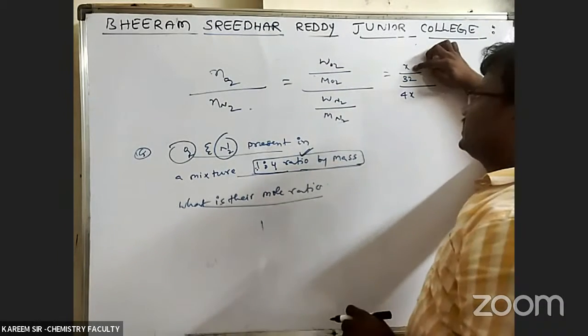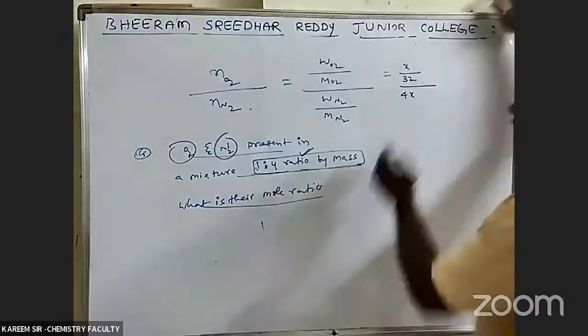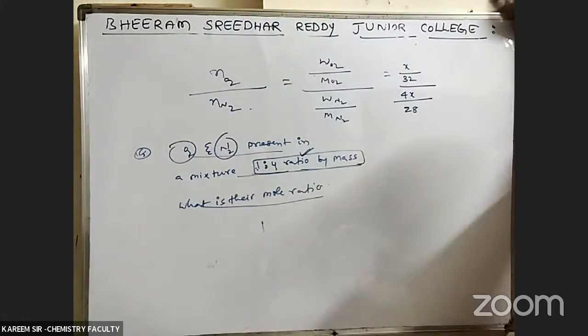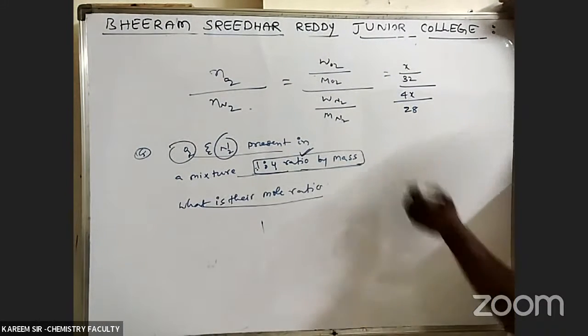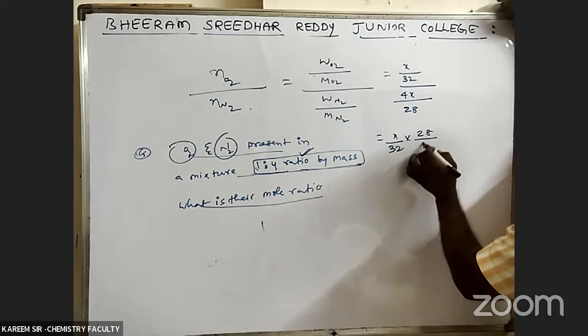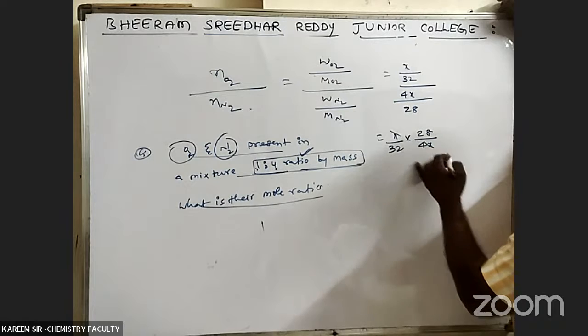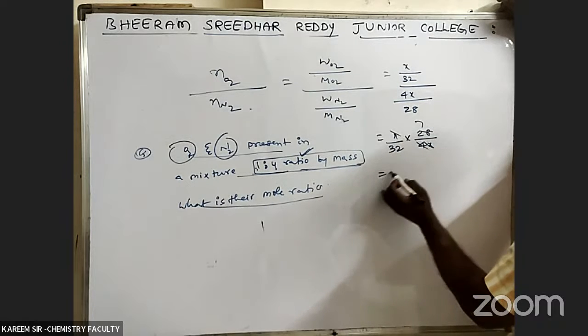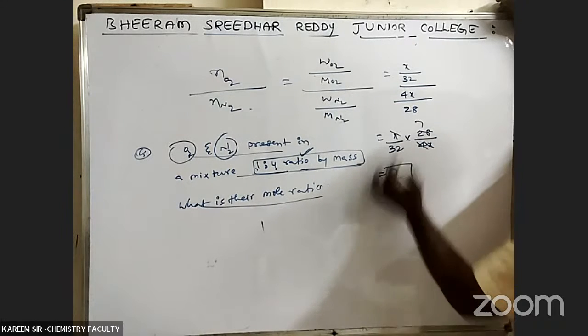If it is present in x times, nitrogen is present 4x times by 28. So x by 32 into 28 by 4x. x cancels. 4 sevens are 28. So 7 by 32.